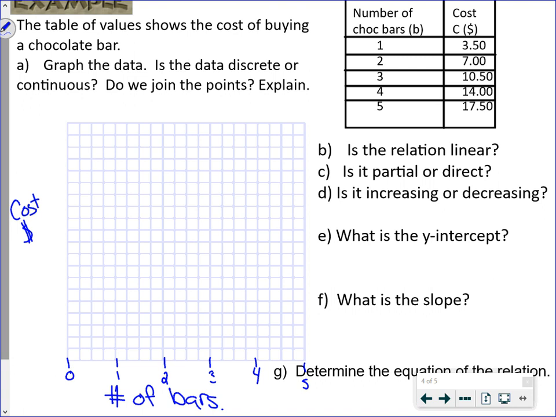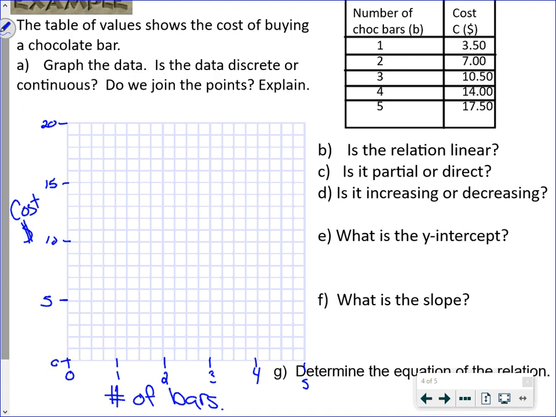And because I need to get up to $17.50, I'm just going to go up by 1. So 0 would be the bottom part, then we'd have 1, 2, 3, 4, 5, and then I'll go up 1, 2, 3, 4, 5 to get to 10. I don't have to label every single line of the graph. That just gets really squishy and really messy. So I just need to keep it consistent.